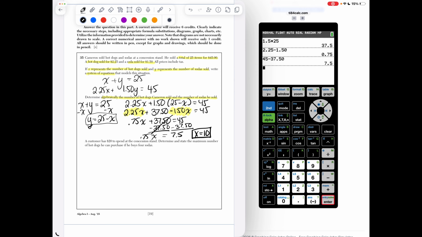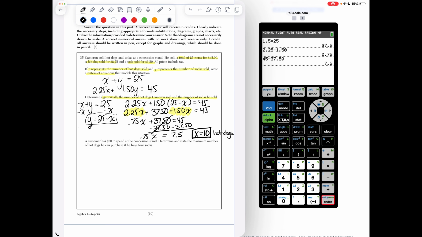So this is X equals 10. So that's just telling me the hot dogs. He sold 10 hot dogs. So now I need to figure out how many, I'm going to put this, hot dogs. But now I need to figure out how many sodas. So I'm going to go back to one of the original equations.